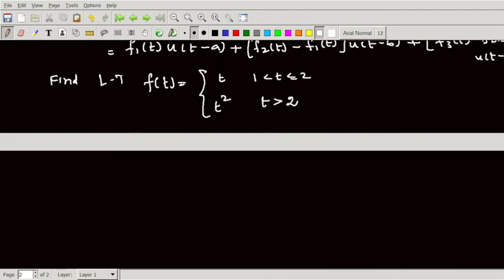So here to solve this one, what we can do? First we must express it in the form of the above step.